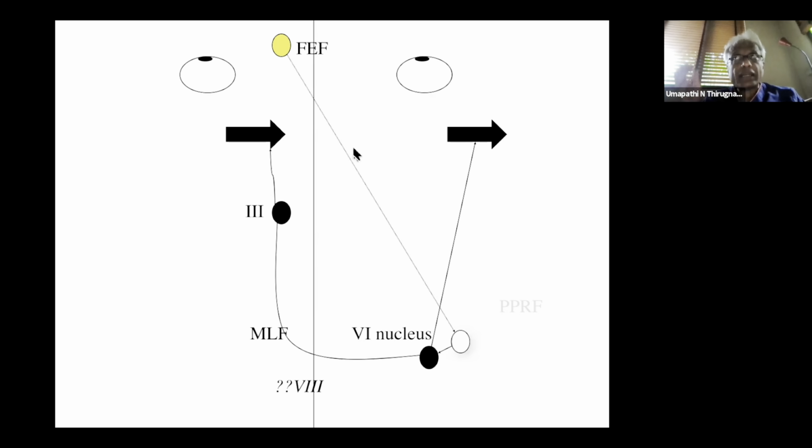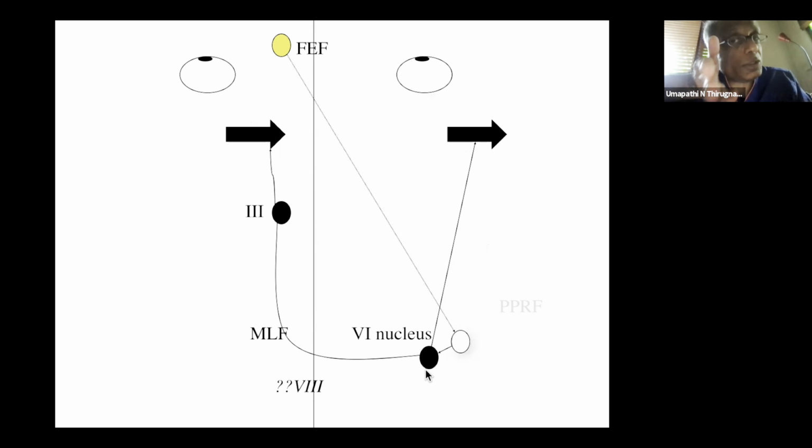As you know, in science, nature always finds the easiest pathways. If the system is already there, why don't we build on that? So we already have a way of abducting one eye and adducting the other eye, and the control center is in the 6th nucleus. So when I move my head to the left, my right eye is abducting, my left eye is adducting.